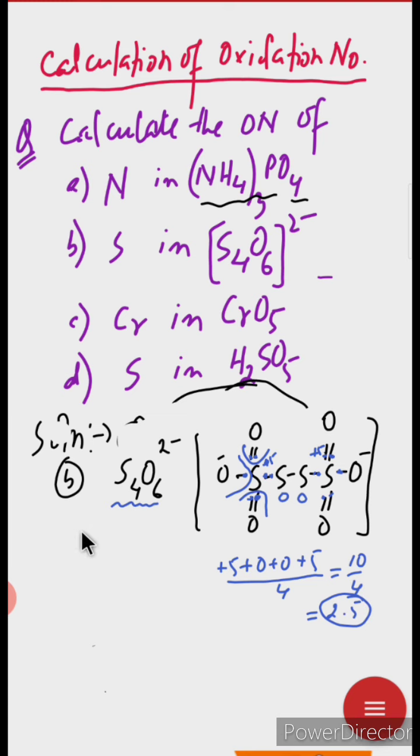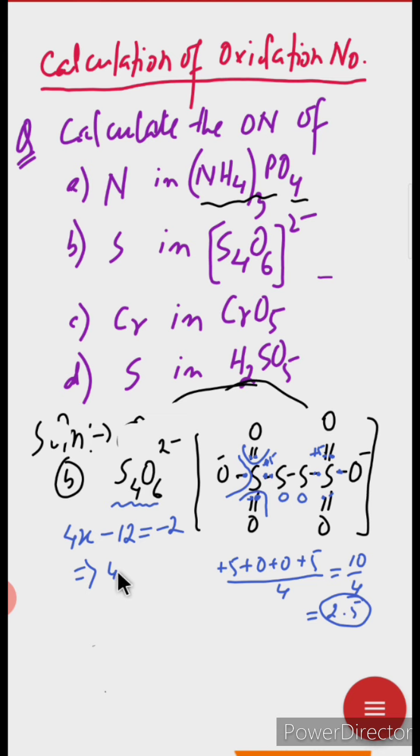Let us take X as the oxidation number of sulfur in this ion. So there are 4X, and oxygen has an oxidation state of -2. -2 into 6 is -12, and this will be equated to -2 because the charge of the ion is -2.